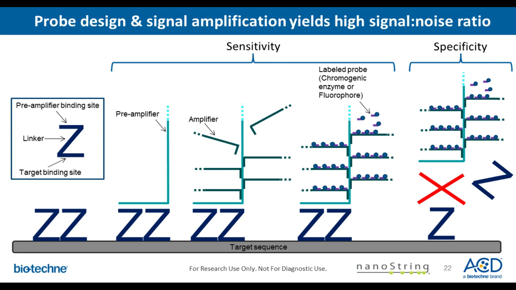So this technology ensures high sensitivity and specificity of signal detection. Now, when we design a probe against your target of interest, we design it as a pooled probe of 20 Z pairs. These 20 Z pairs bind next to each other on your target of interest. But for any kind of signal to be visible, we need at least three Z pairs to bind to your target of interest.